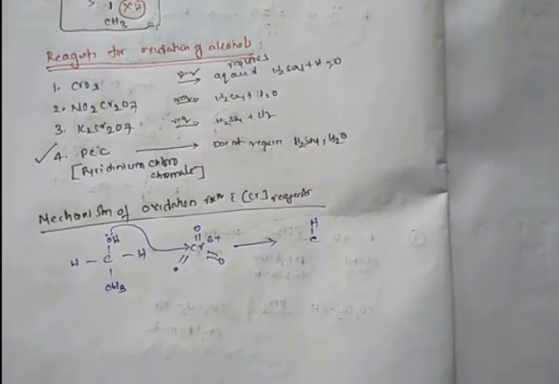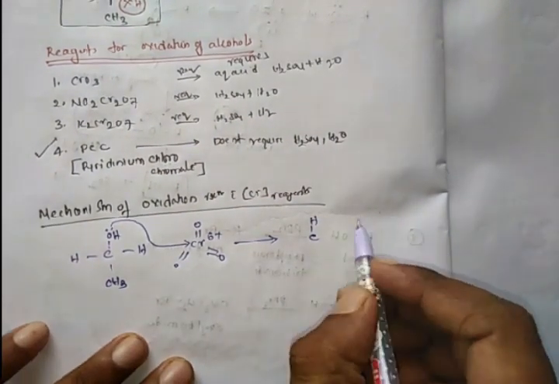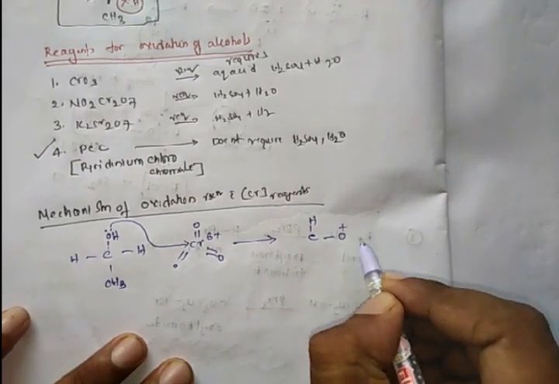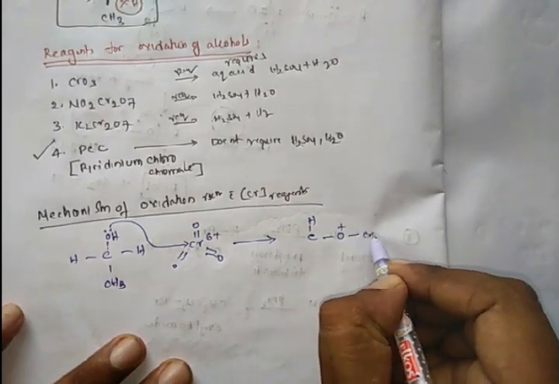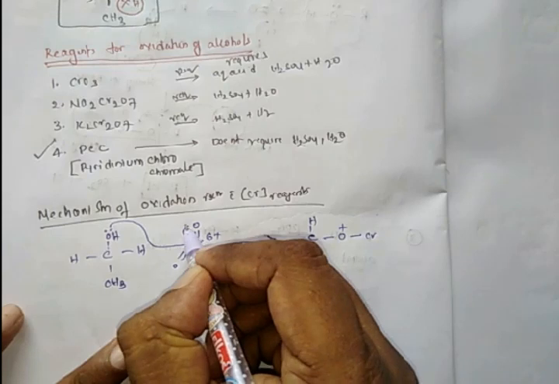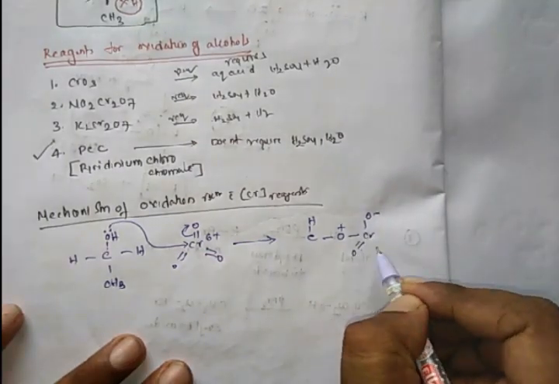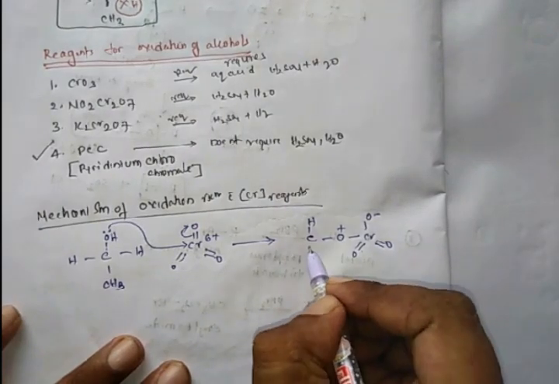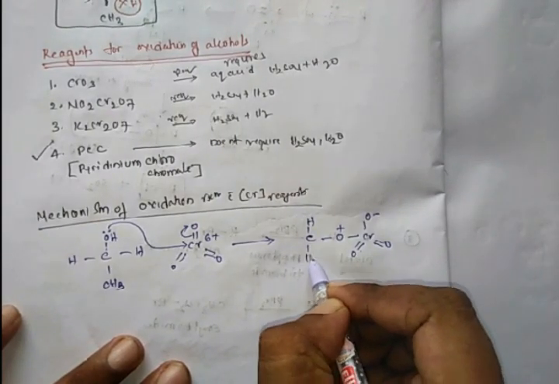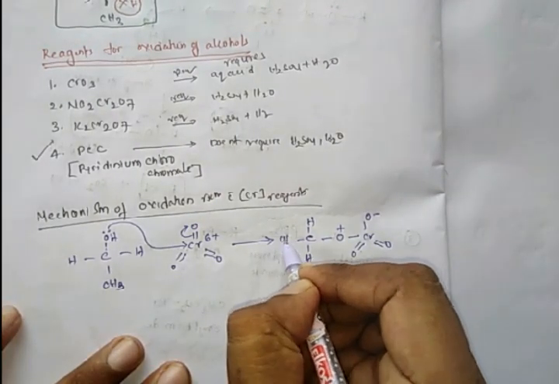The oxygen gets a positive charge and is attached to chromium, which carries O minus and a double bond O, with another hydrogen and CH3.